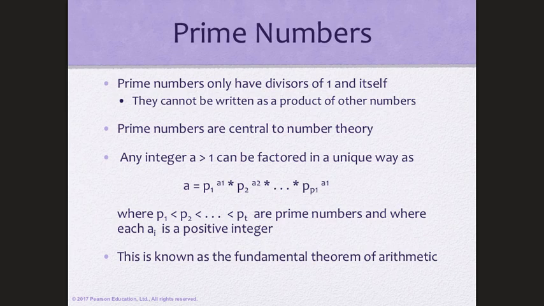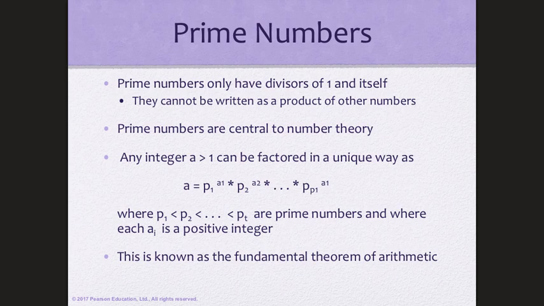So any integer a can be factored into a certain prime number raised to a certain integer power, multiplied by another prime number raised to another integer power, and so on. How many of these there are, what the powers are, and which prime numbers are used changes from one number to the other, okay?